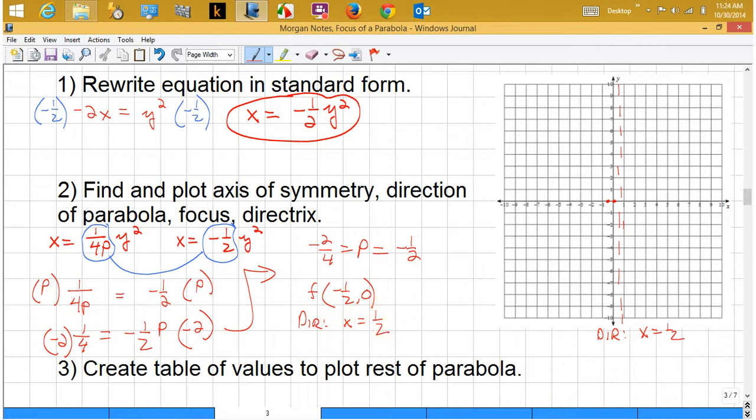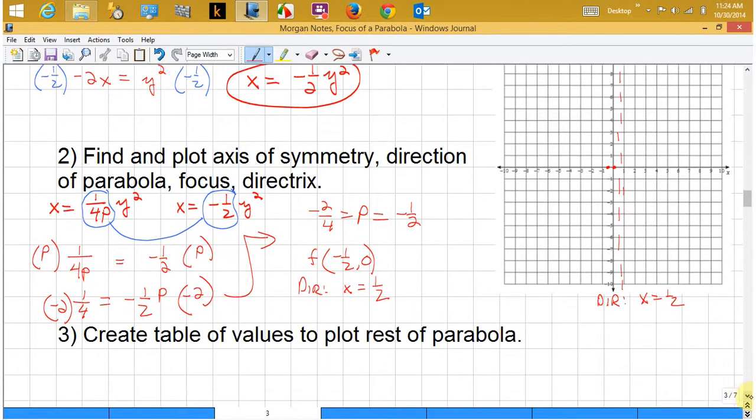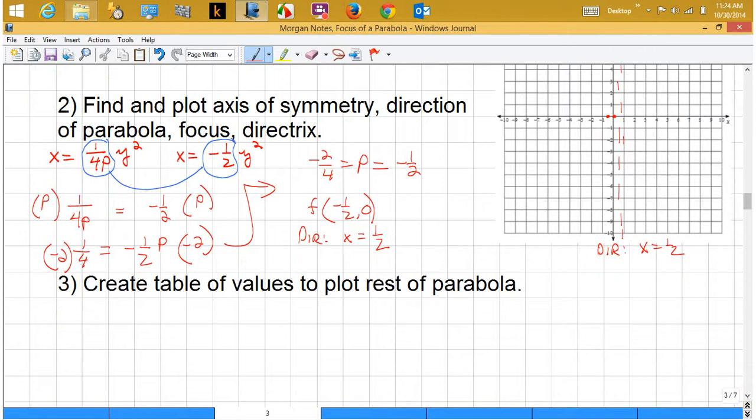Okay, so I've got a lot of information already, but I need to get a couple points. So let's go ahead and plot a couple. How we're going to do this is, if I pick an x and find y, I'm going to have to take square roots. I don't want to do that. So if the y part is squared, I'm going to pick a y and then find what x makes that work. So really, I'm going to pick the value of whatever the squared term is.